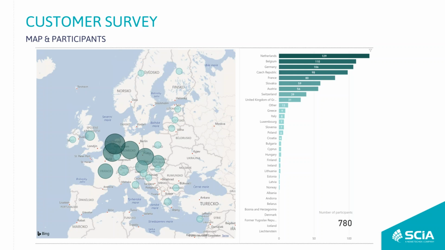Here is a map of the participants with the numbers. In total, we have almost 800 participants. Thank you a lot for participating and helping us to improve SCIA Engineer 19.